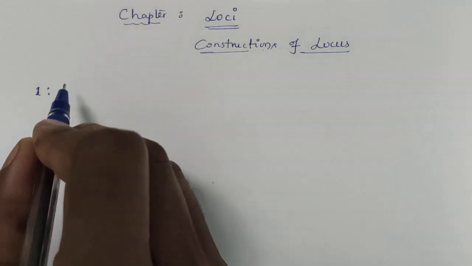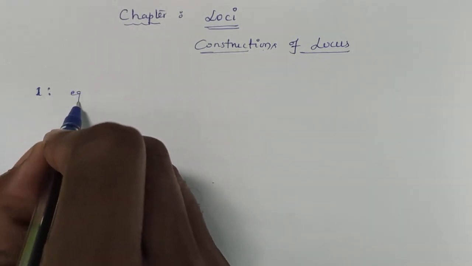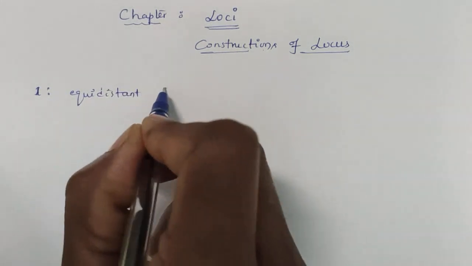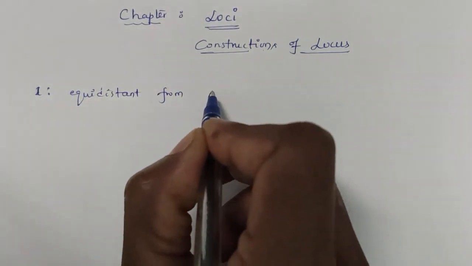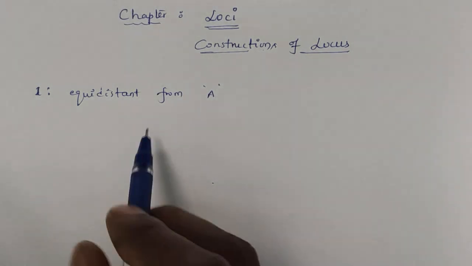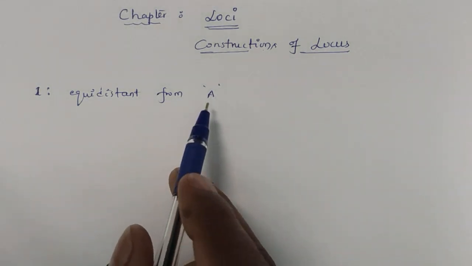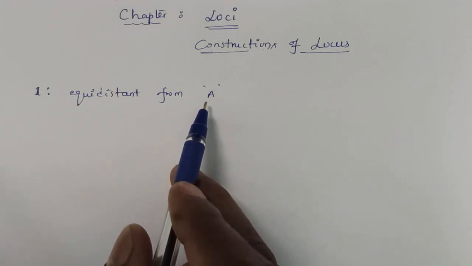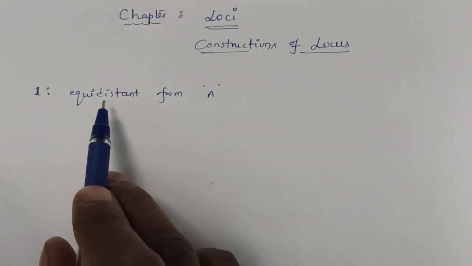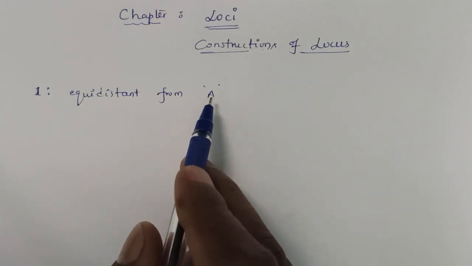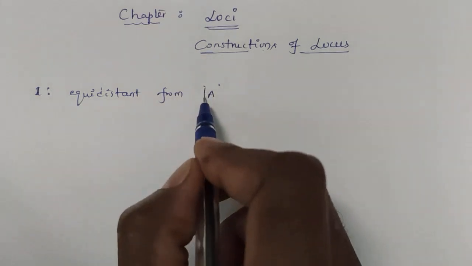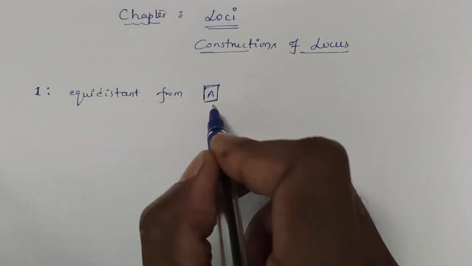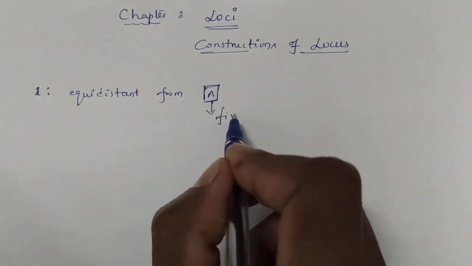The first condition is equidistant from A. Not only A, it can be B, C, D, anything, but a single uppercase alphabet. Equidistant from A or B or C, any one letter is given. This is considered a fixed point.